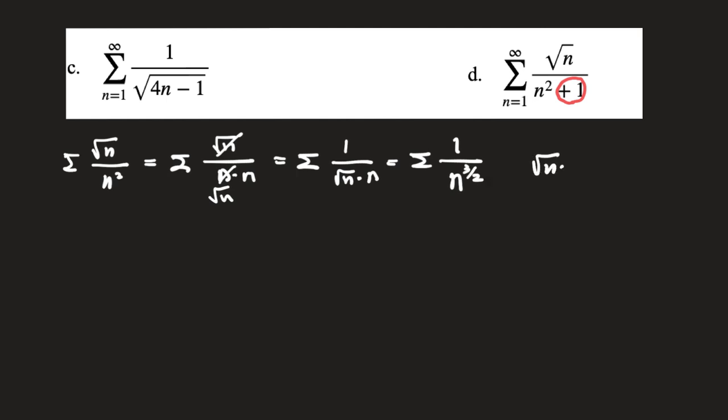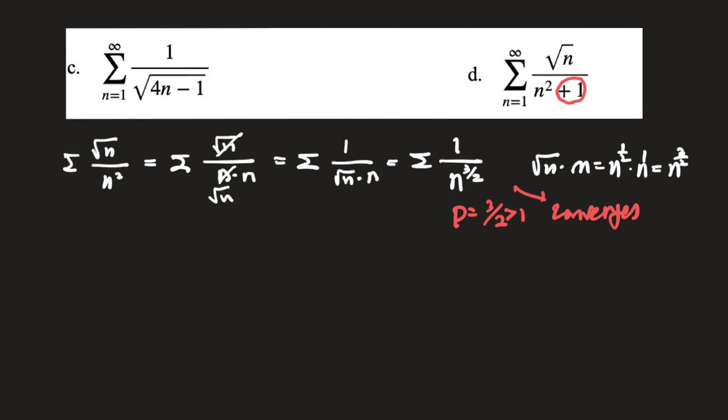Why? Square root n times n, that's n to the 1.5, add powers together, 3 over 2. So this P series, you see, P is 3 over 2. This series is going to be convergent. Why? This P series is greater than 1 and converges. We just know that.